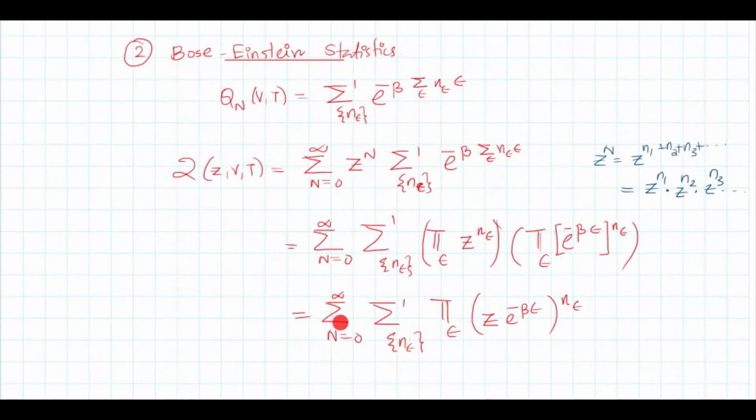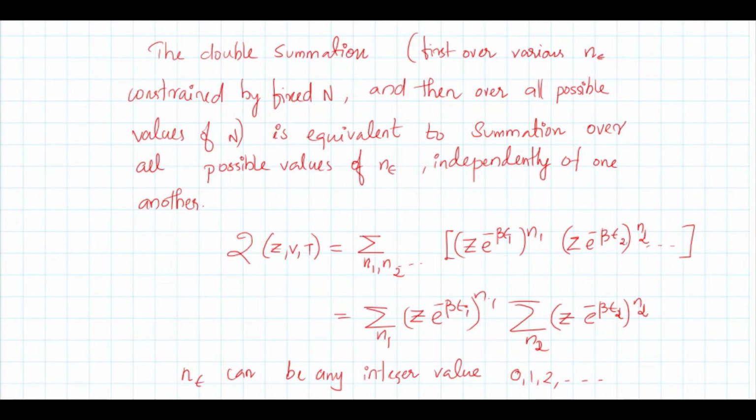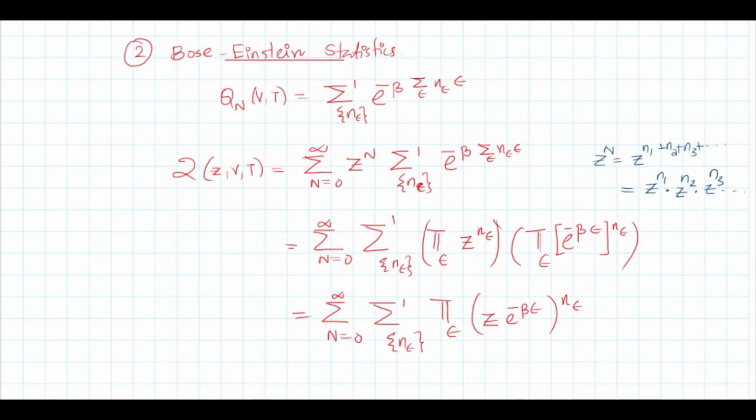That means this double summation we can replace with a single summation over all the possible values of n1, n2, etc. For a fixed n, this n epsilon can take only limited values. But if you vary the capital N from 0 to infinity, then it is definite that this n epsilon will take all the possible values.